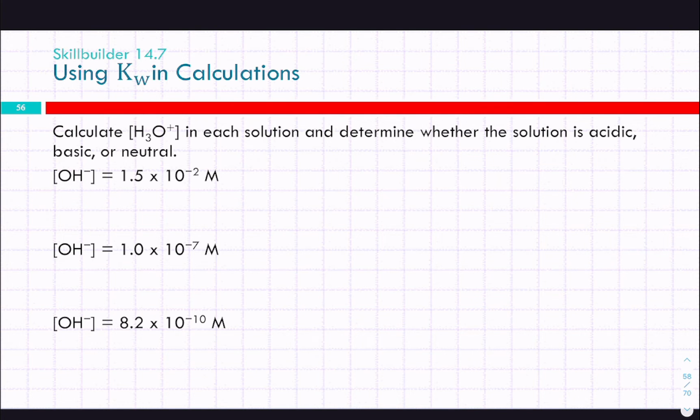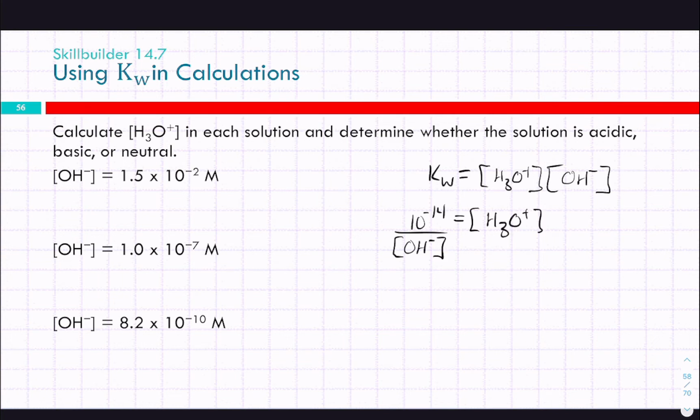So if we want to calculate the H3O plus concentration, we'll use that relationship, the ionization constant of water, Kw, which is equal to H3O plus multiplied by OH minus. If we want to find one, we can just divide Kw, which is 10 to the minus 14, by the hydroxide concentration to get the H3O plus concentration.